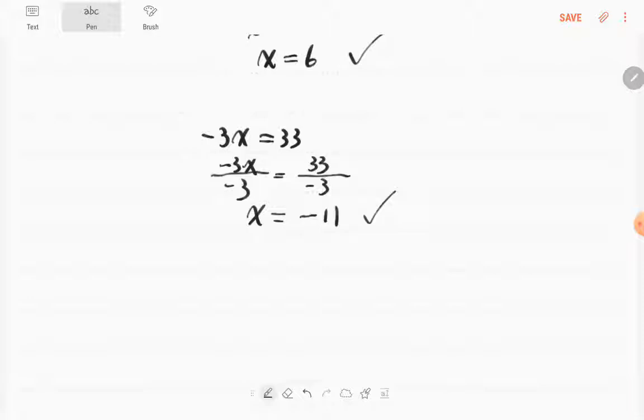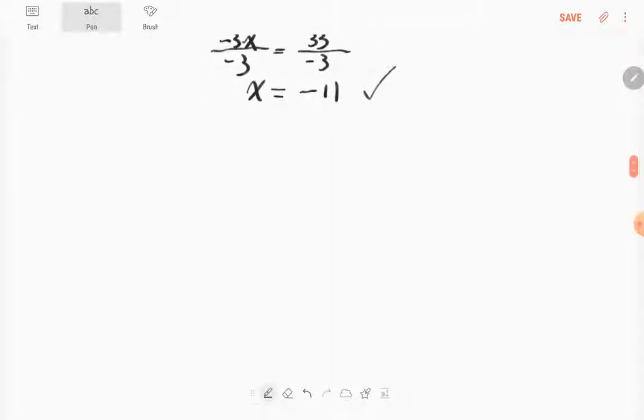Let's check another, decimal example. For the decimal example, we just do the same thing because here we still want to keep the x alone, right? So we should divide this term by the coefficient of x.